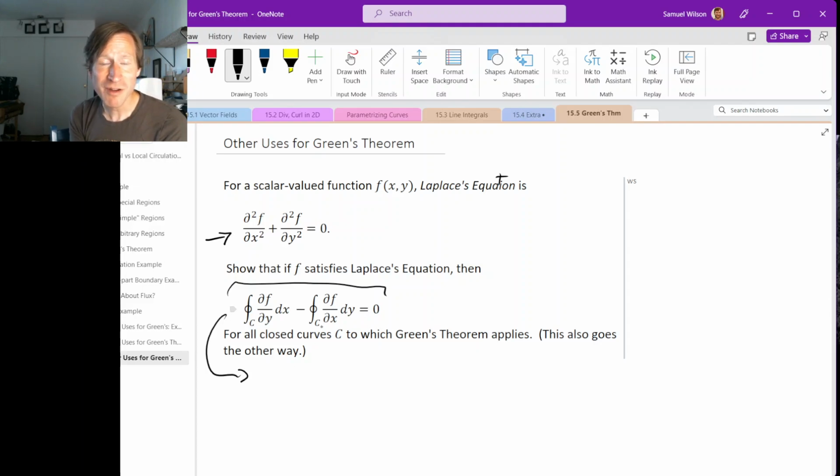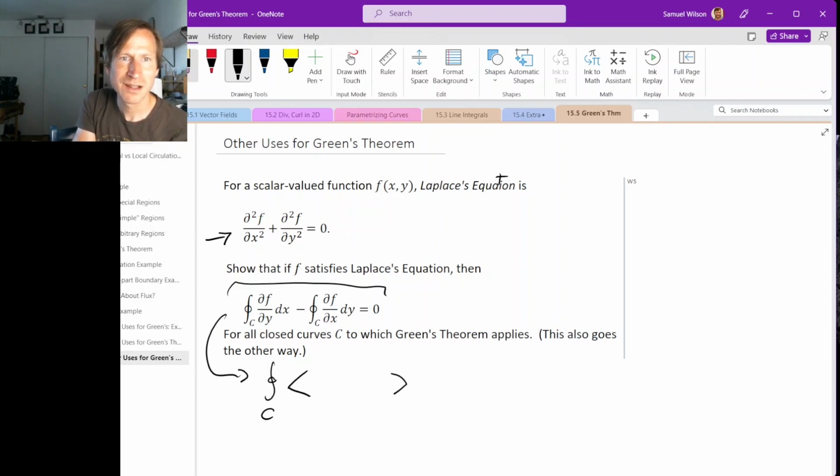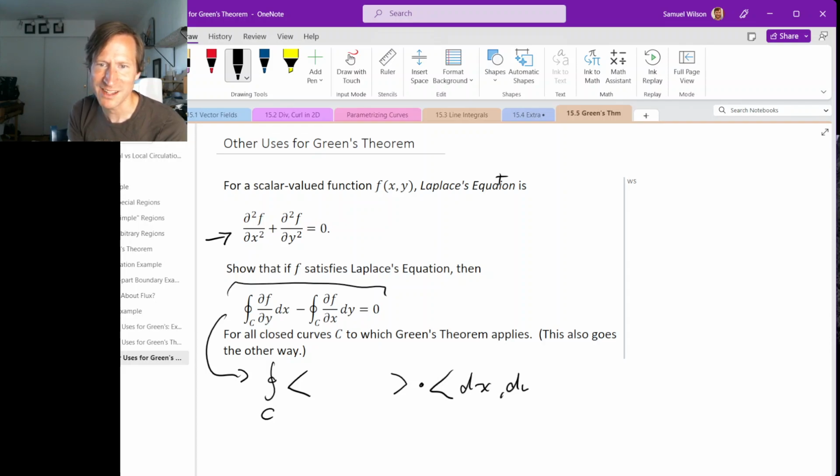So let's try to rewrite this as a line integral of a vector field. We want this as some vector field dotted with essentially dx comma dy. This is really shorthand for x prime comma y prime dt.